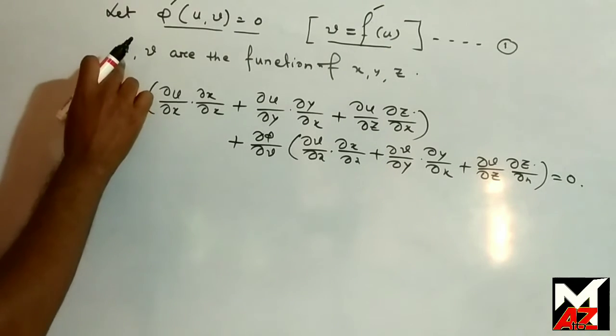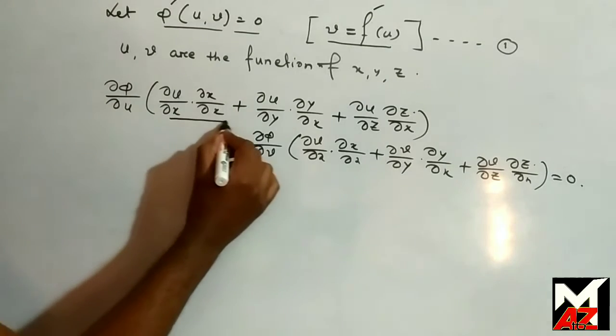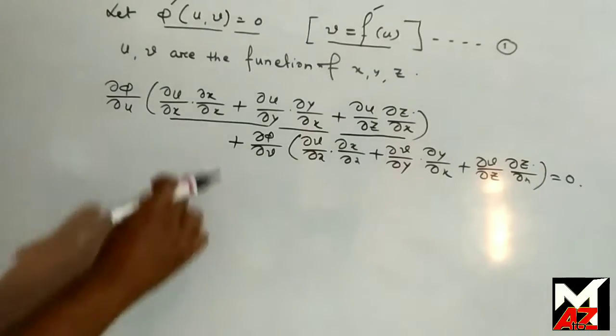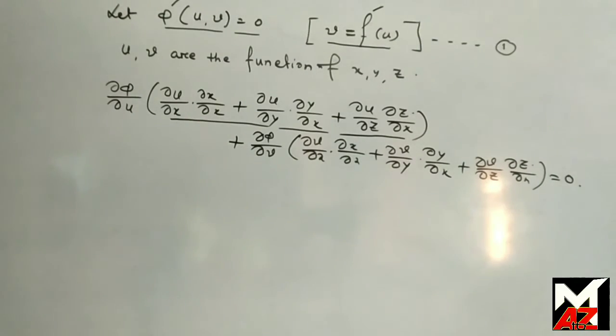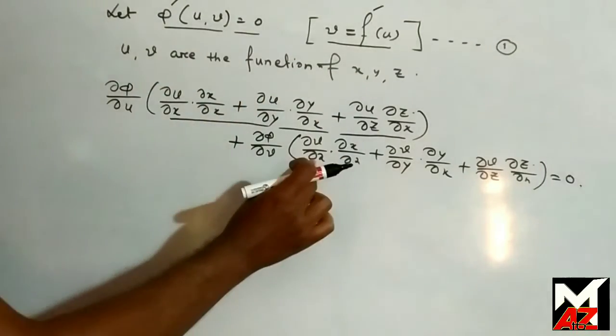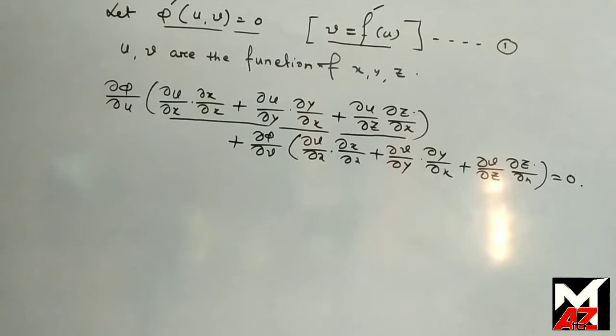Here u is a function of x, y, z. So we differentiate u with respect to x as in the chain rule of derivative. Similarly, v is a function of x, y, z. So we differentiate v with respect to x by this chain rule.